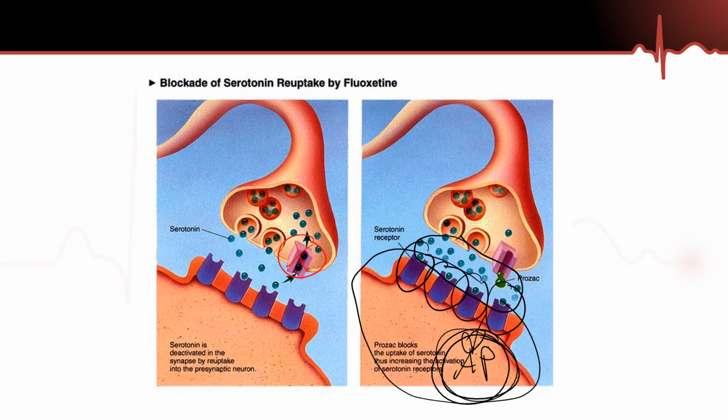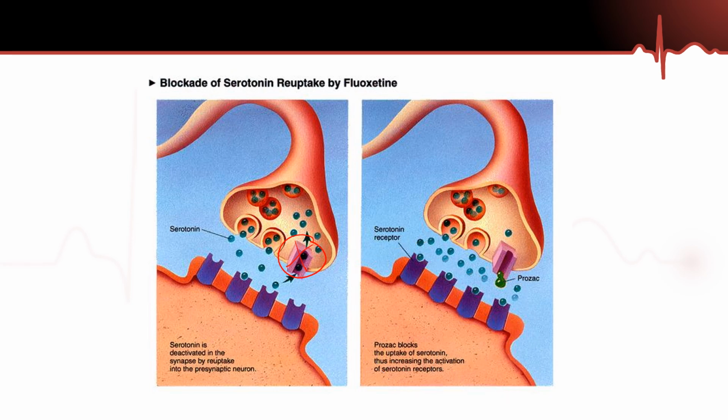Now let's talk about why this SSRI, in theory, would resolve any one of those issues. Let's go with the issue we already addressed: there's not enough serotonin hanging out in the interstitial fluid.